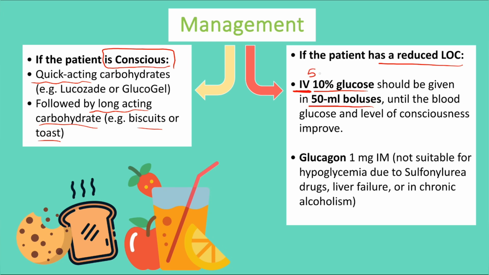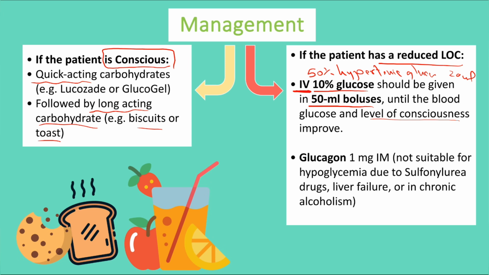If you have 50% hypertonic glucose, then you can give it in 20 ml boluses. Whatever is available, you have to give it as a bolus. By bolus, we mean that you give it over less than 1 minute until the blood glucose and the conscious level improve.